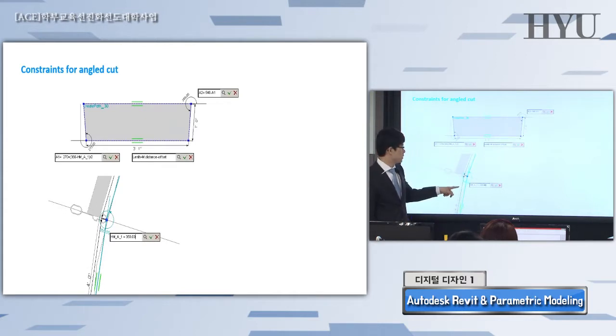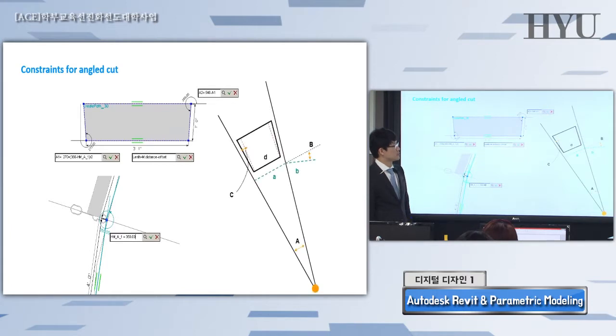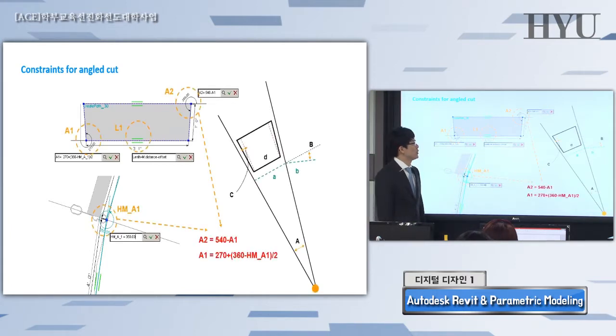So if you want to change one single control angle, all other angles are going to be auto-updated. I don't want to show you some details, but you can take a look at some overview. Everything is under mathematics, just middle school level mathematics.